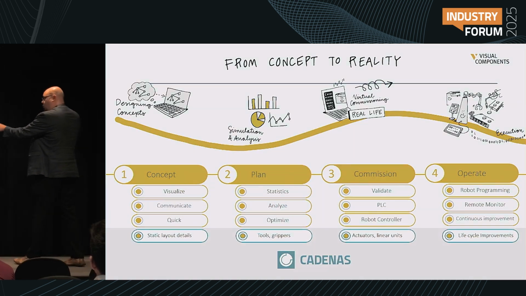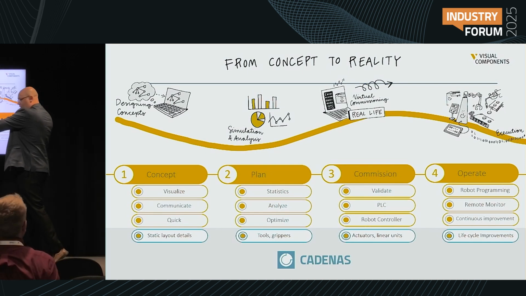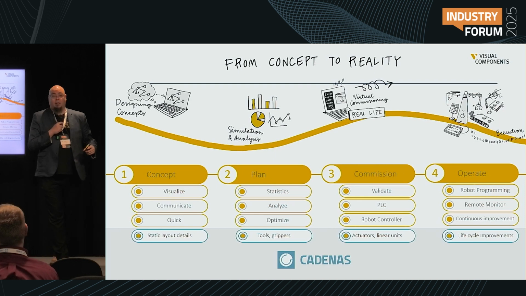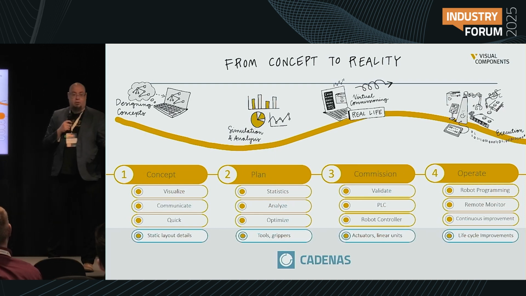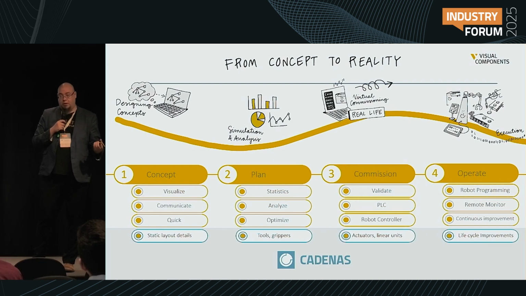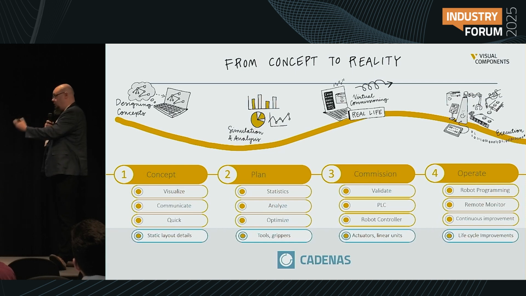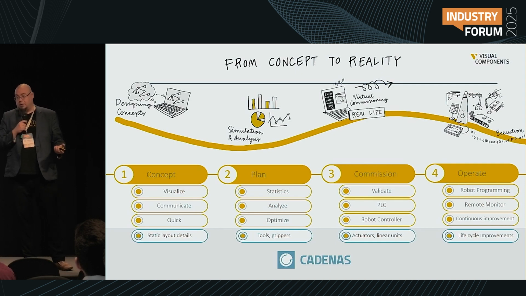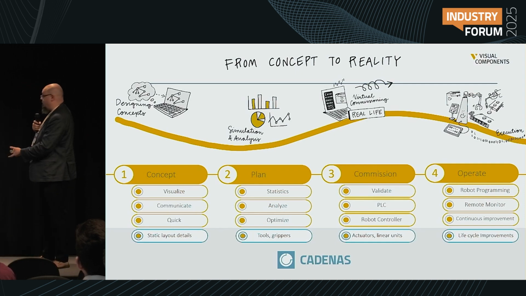When we go into a more detailed plan, I will show a better example of this. From the library, for example, we can get a Festo or Schunk gripper for our robot. Even though the robot is already in our library, not all of the different smaller components are. It's borderline impossible. So CADENAS is one source.